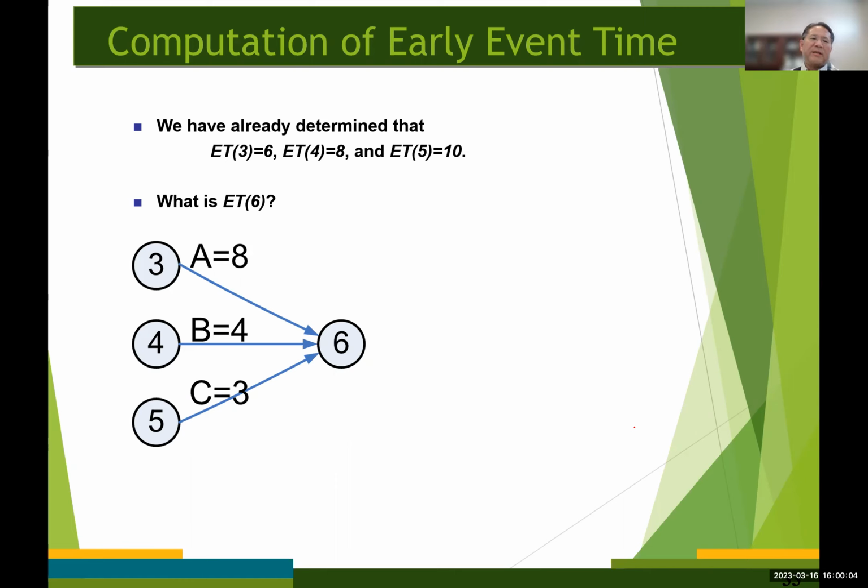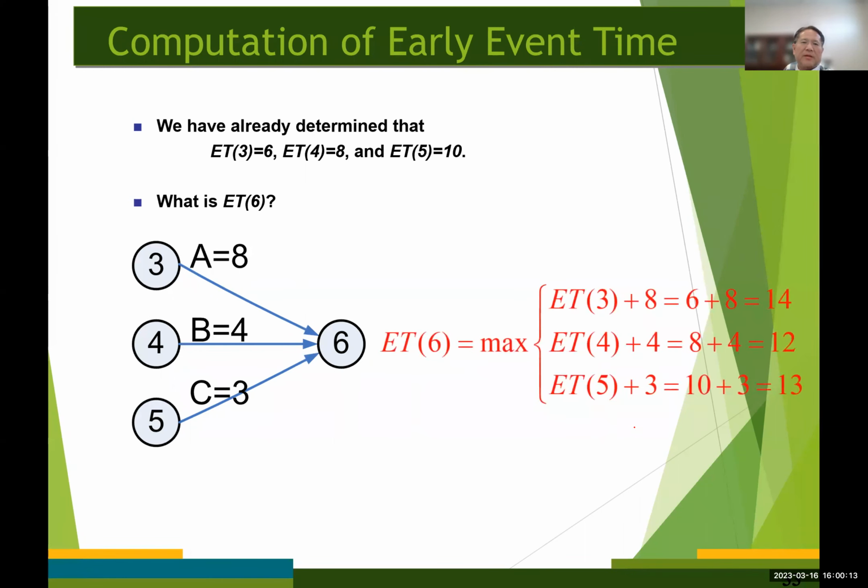Then how do you get it? To determine the earliest time, we use this computation. The earliest time that node number 6 can occur would be 14, because that's the maximum value among these three.